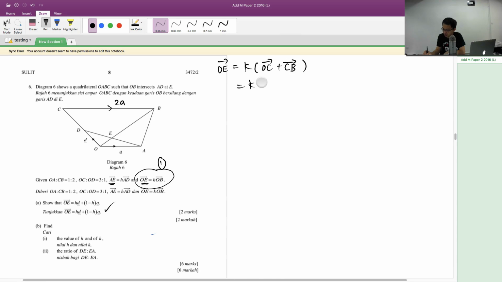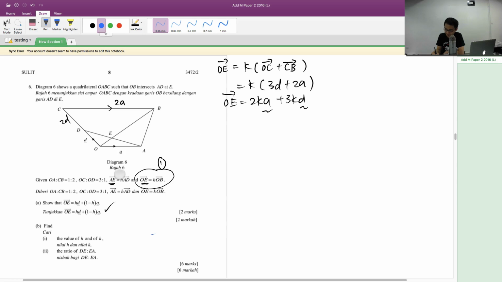So this equals K times, my OC is what ratio? OC is 3, this is 1, so this is 2D, sorry. So this is 3D plus 2A. So I can just say 2Ka plus 3Kd. This is the first OE.